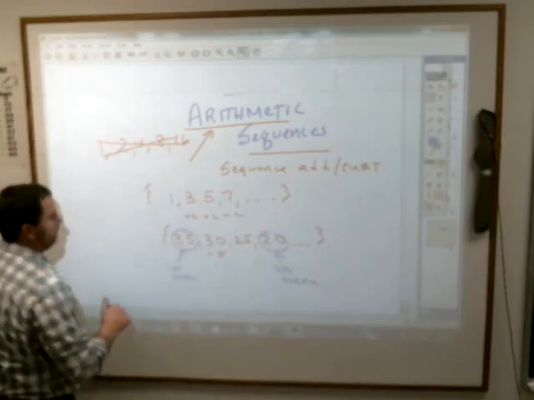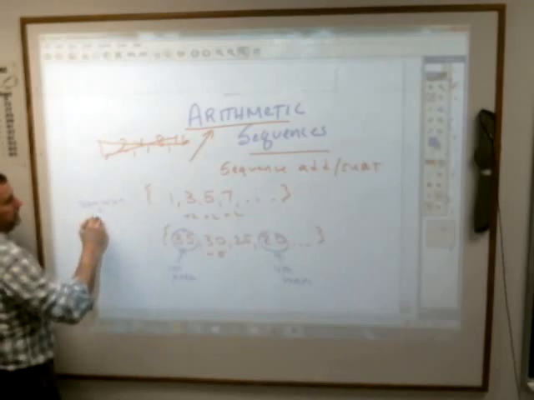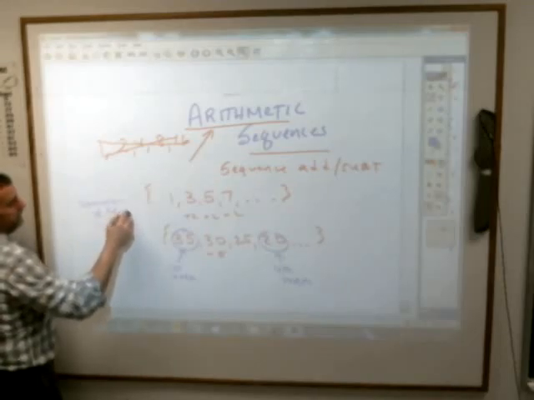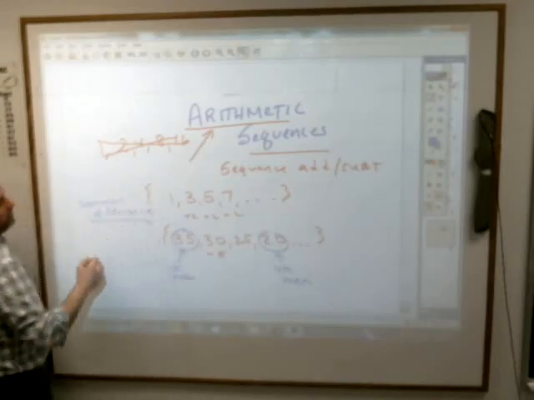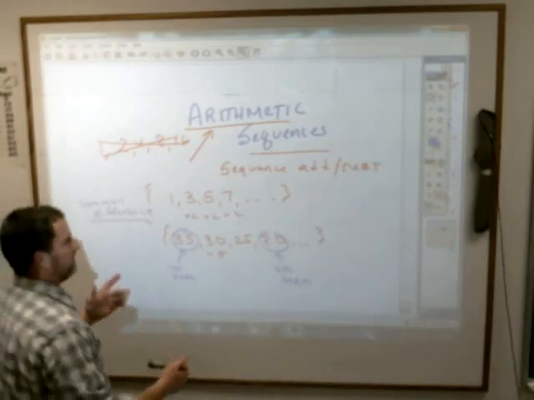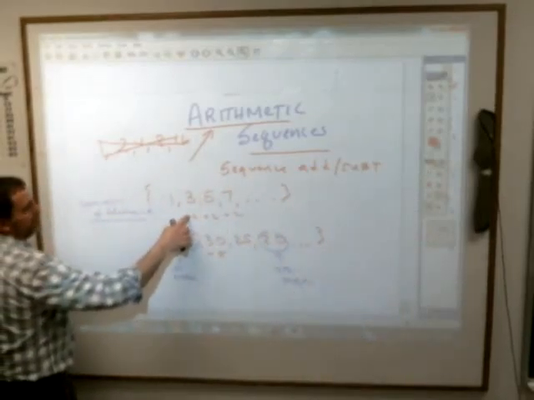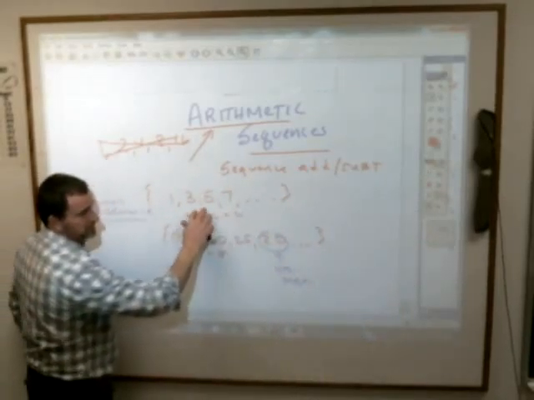And then we have what's called the common difference. When the book talks about the common difference, you see the word difference and you always think it's some sort of subtraction thing. That's not always the case. The difference can be either addition or subtraction. In other words, what's the difference between terms?